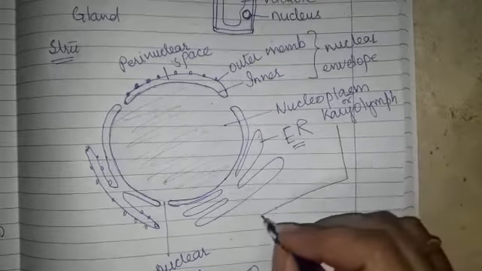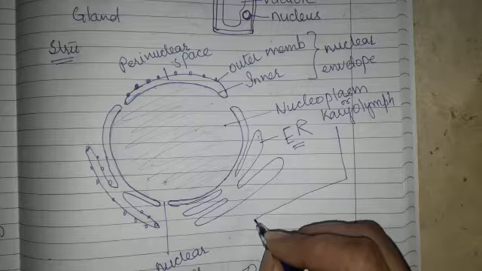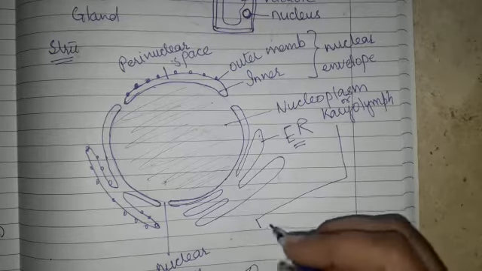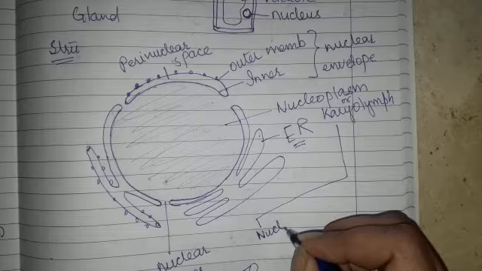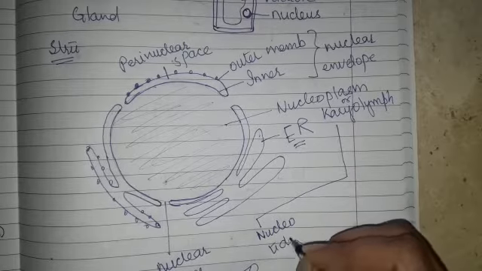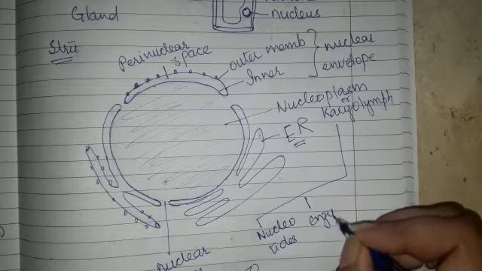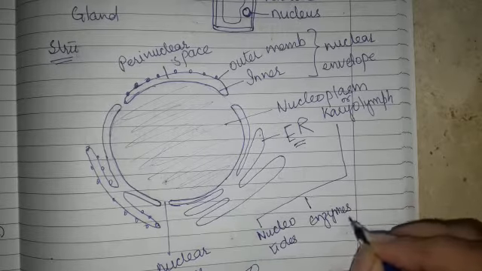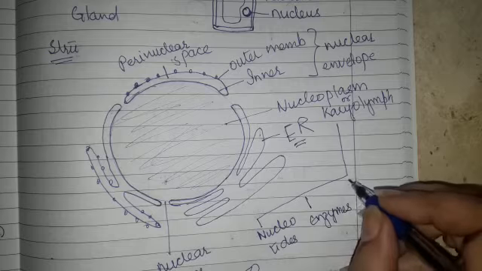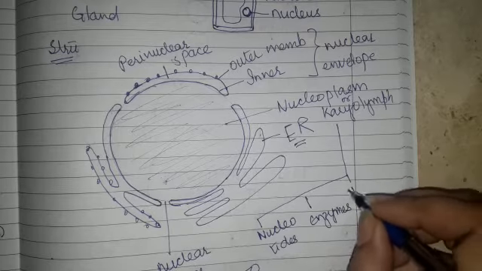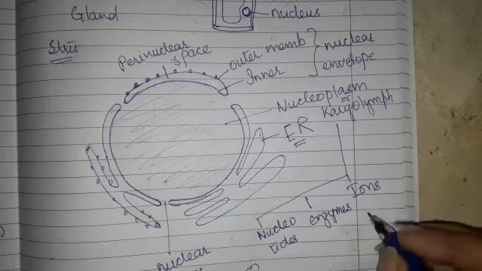What is present inside this nucleoplasm? There are present nucleotides. There are present various enzymes, that is DNA polymerase and RNA polymerase. There may be present certain ions.